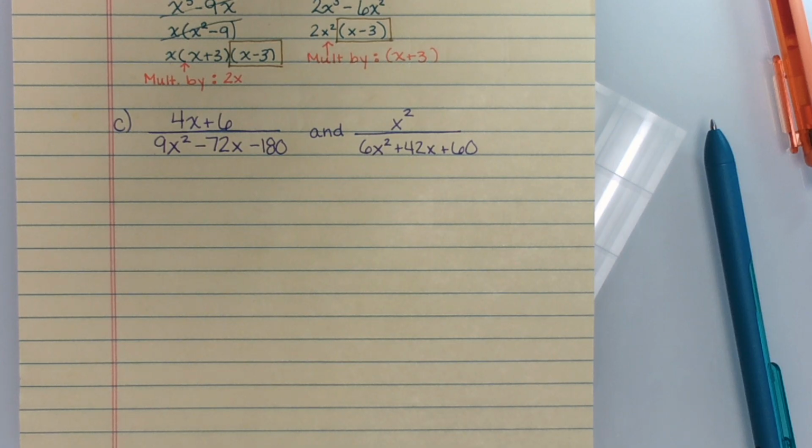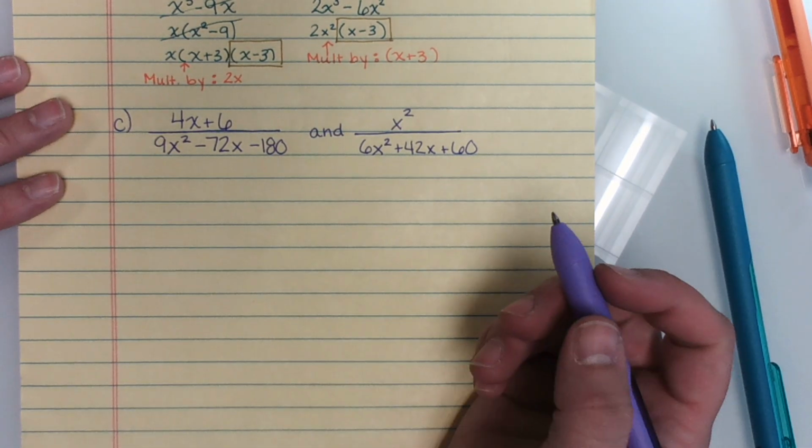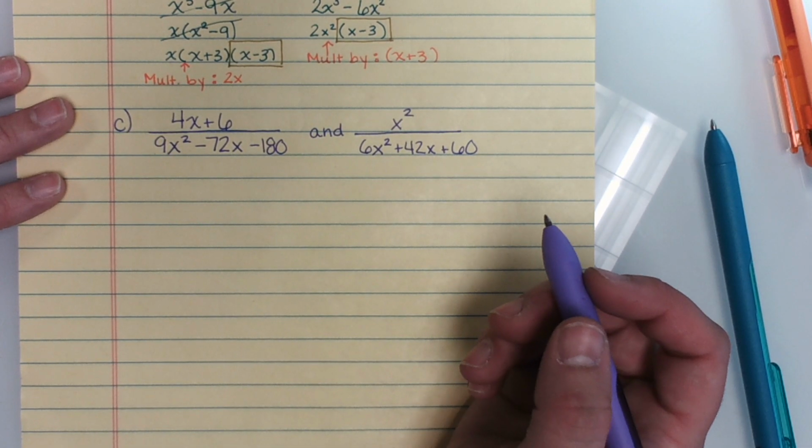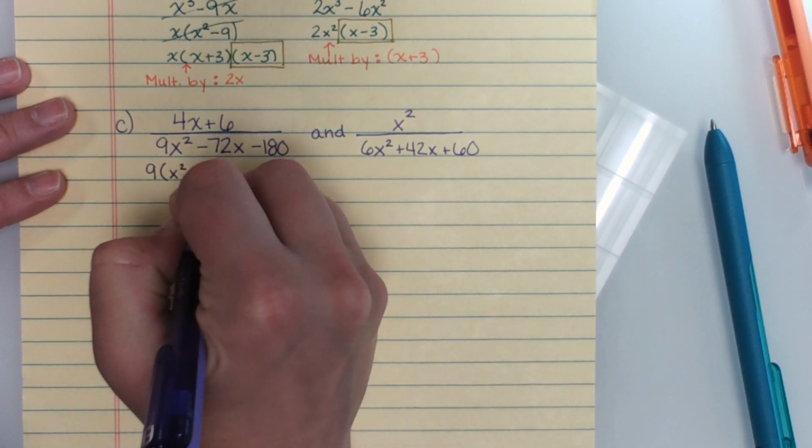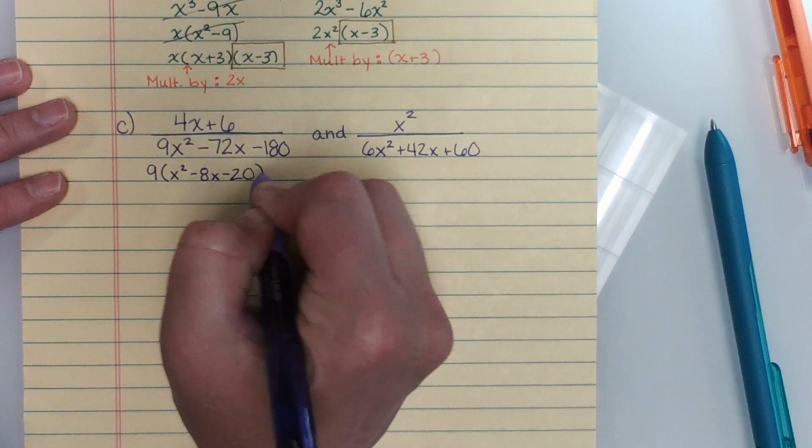Find the least common denominator. What do I have to start with again? Factoring the denominators. Start with GCF. 9x squared minus 72x minus 180. Each of those divide by 9. X squared minus 8x minus 20.